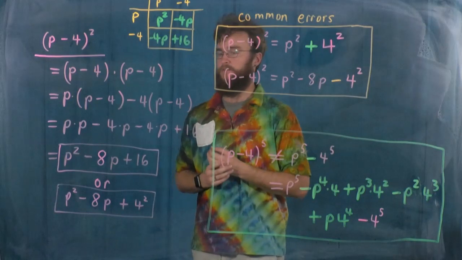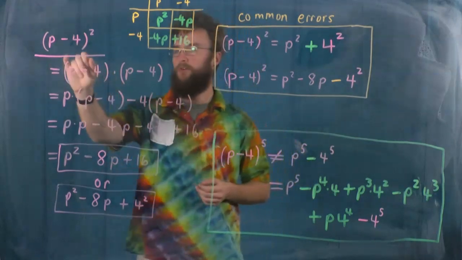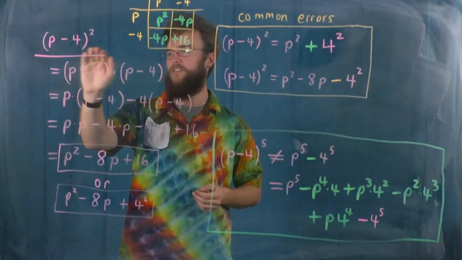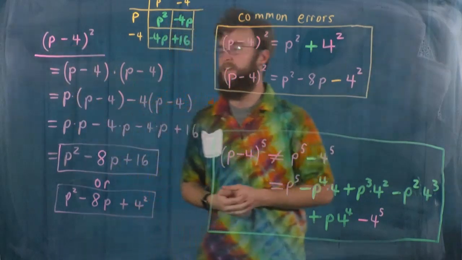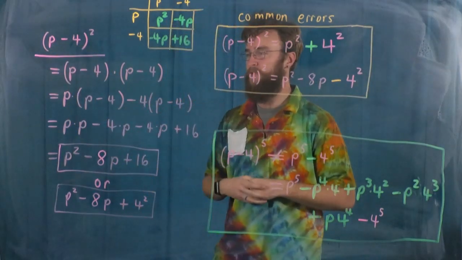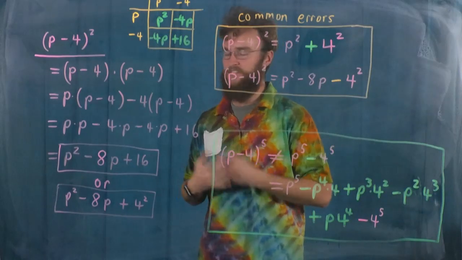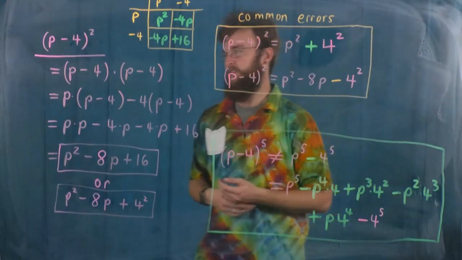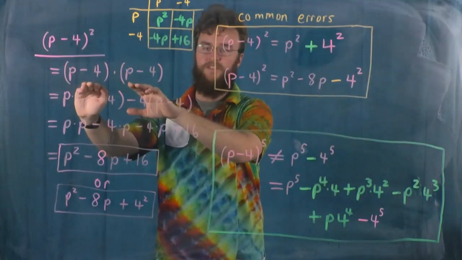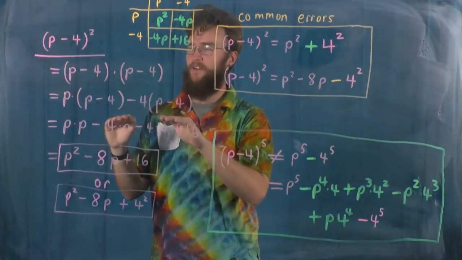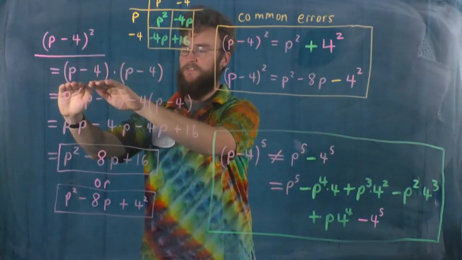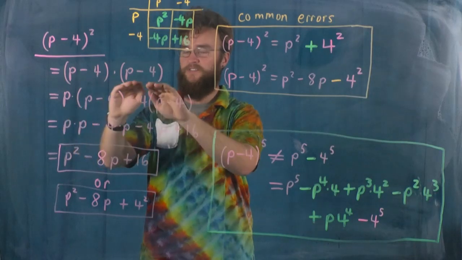on it. So there's two ways that you could work out what this product here is, so p minus 4 all squared. The long, hard way is to use the distributive rule twice in a row. So something squared is just that same thing times itself. And then from here, you take the first difference, distribute it onto the second difference.